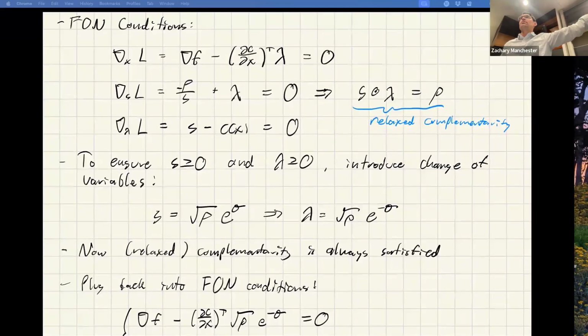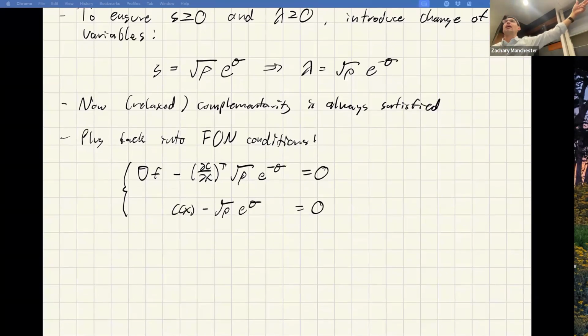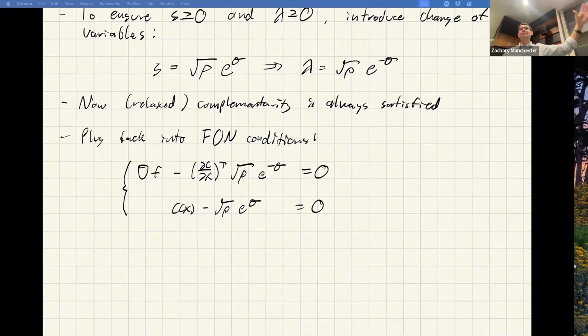So with this change of variables, I got rid of the complementarity line. It's always guaranteed to be satisfied, and this also takes care of the positivity constraints automatically. So I've gotten rid of all the messy, annoying parts of these KKT conditions, and got it down to just these two lines, which are now smooth, nice functions of x and sigma. And I just throw Newton's method at this, and it works.